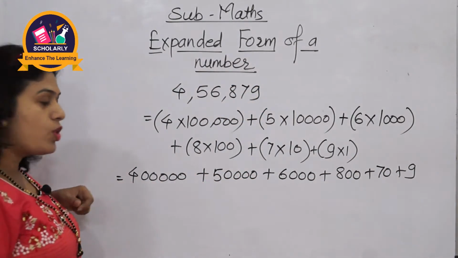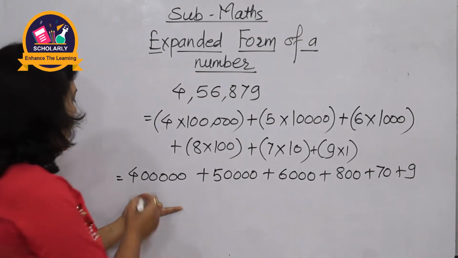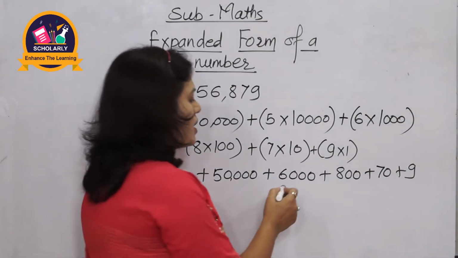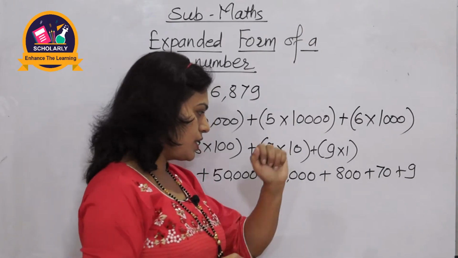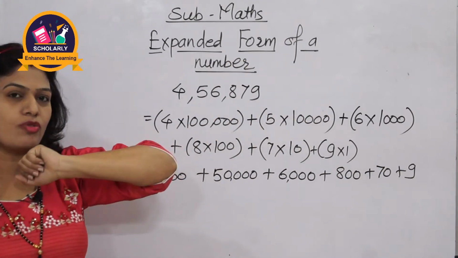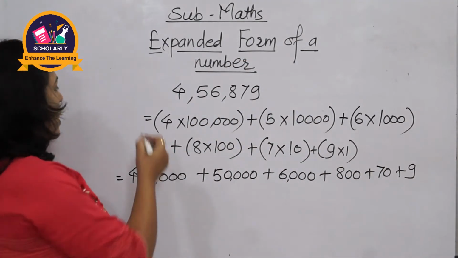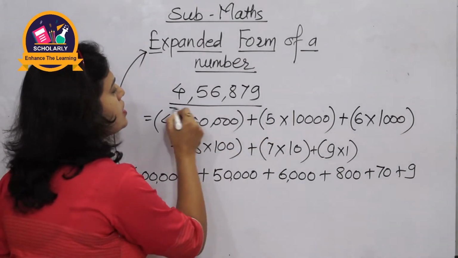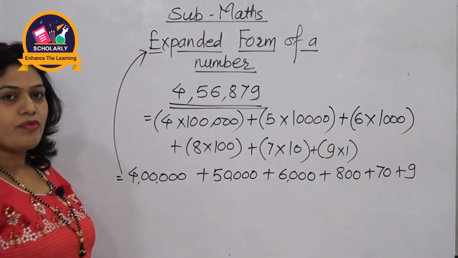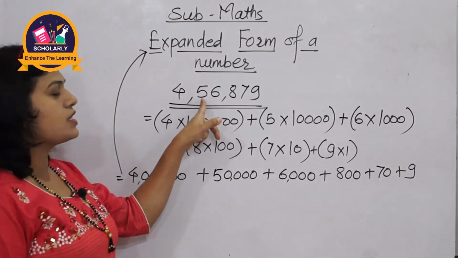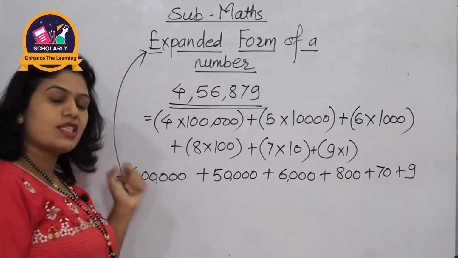See what we have got here: 4 lakhs plus 50,000 plus 6,000 plus 800 plus 70 plus 9, and this is the answer to your question. This is actually the expanded form of this number. If you add all these numbers, you will get this number again. So this is the expanded form.